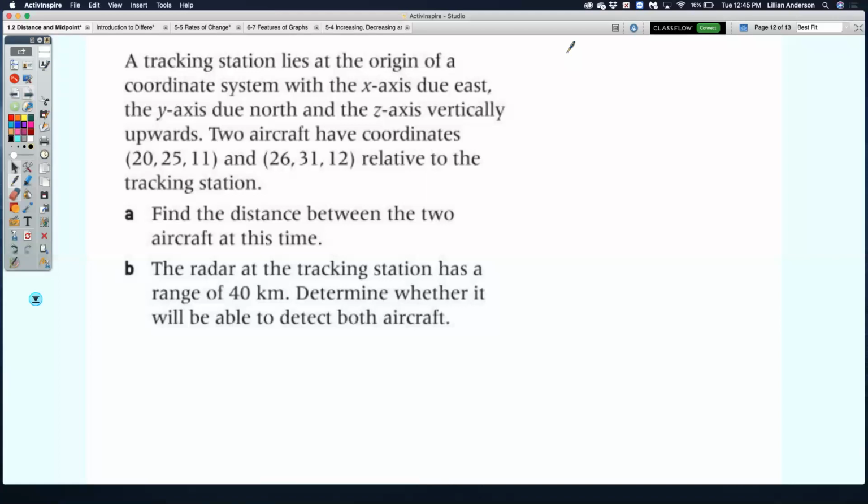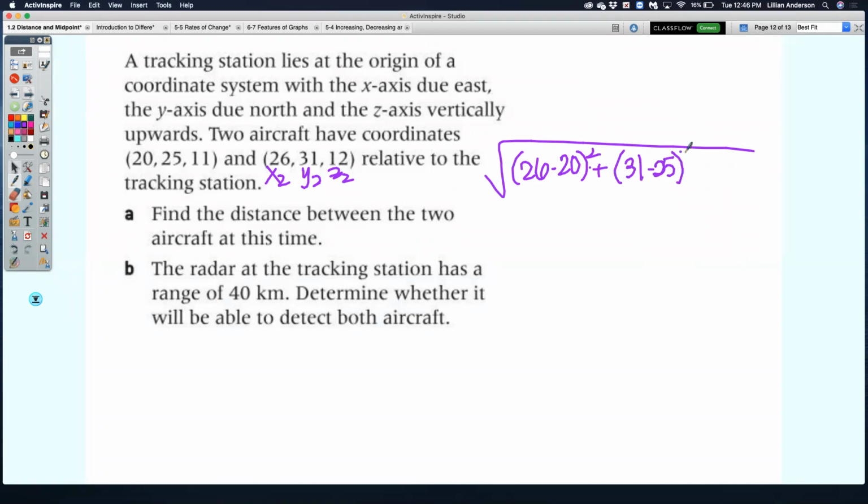So I'm trying to find the distance between the 2 aircrafts at this time. Hopefully you made this X2, Y2, and Z2. So then I would have 26 minus 20 squared plus 31 minus 25 squared plus 12 minus 11 squared.